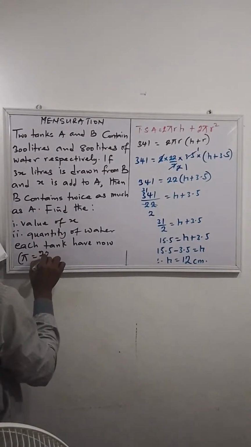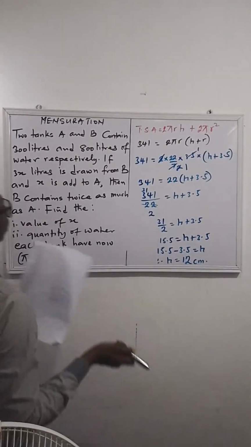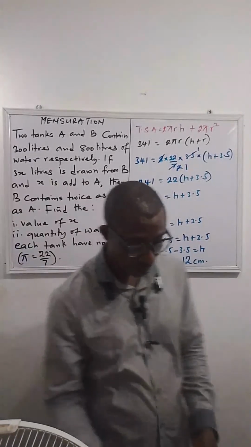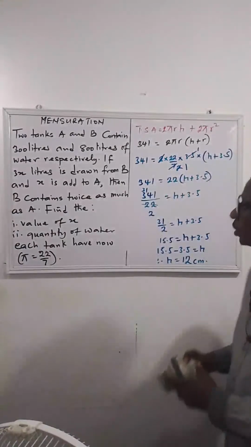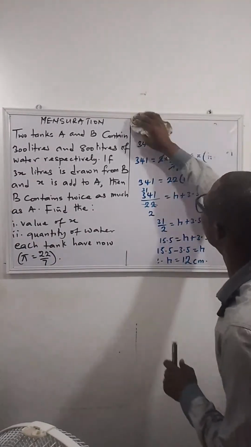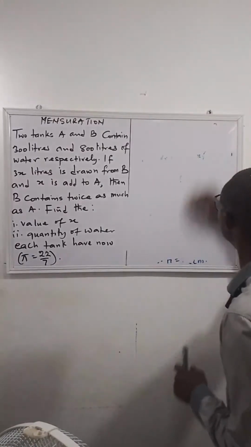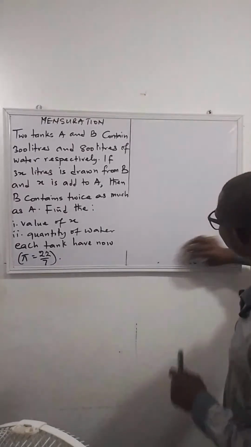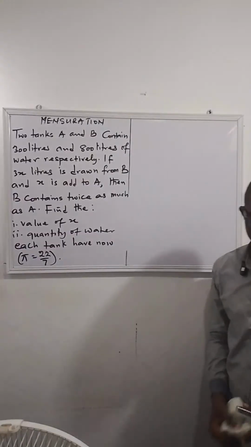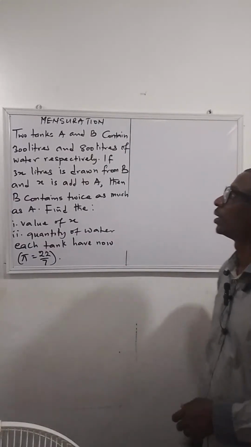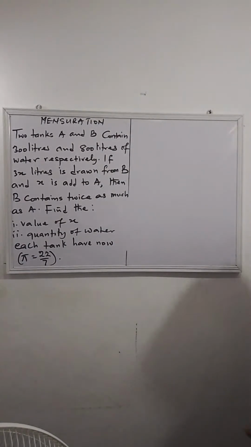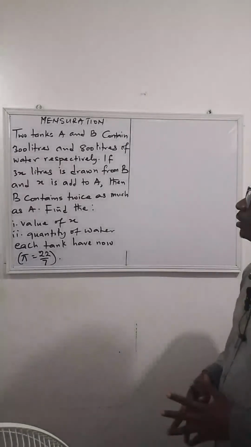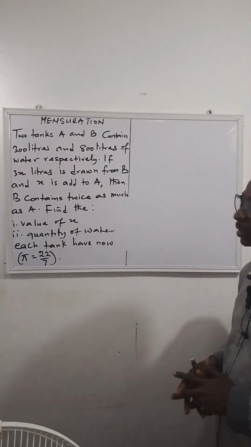All right, so this is the next question. I want us to look at the question, examine it and digest it. Two tanks A and B contain 300 liters and 800 liters of water respectively.